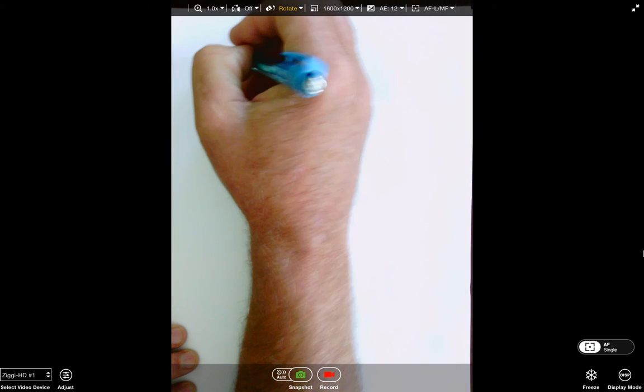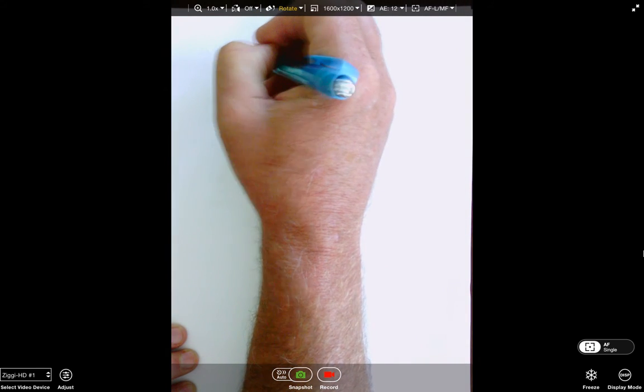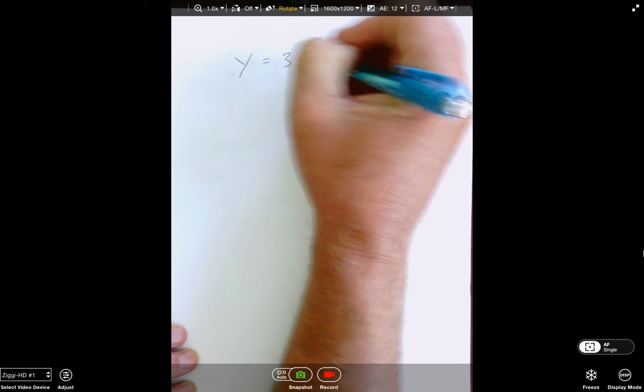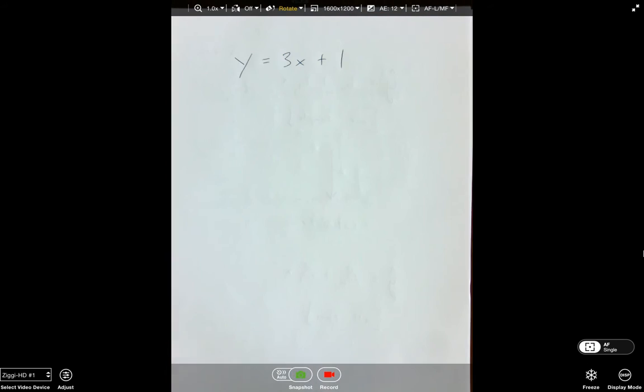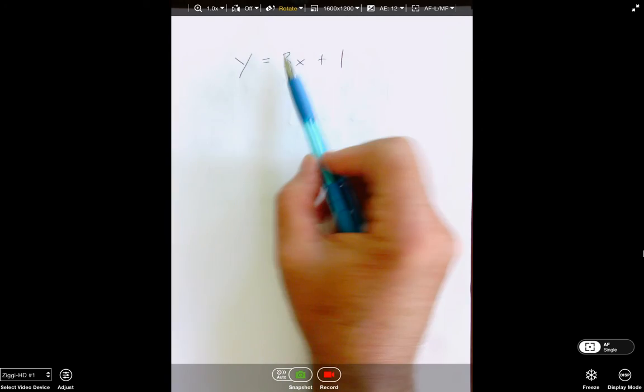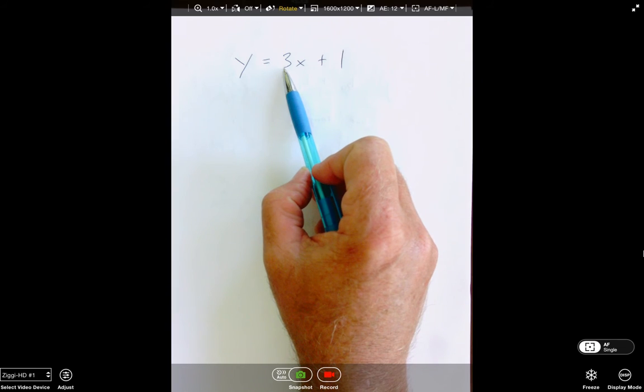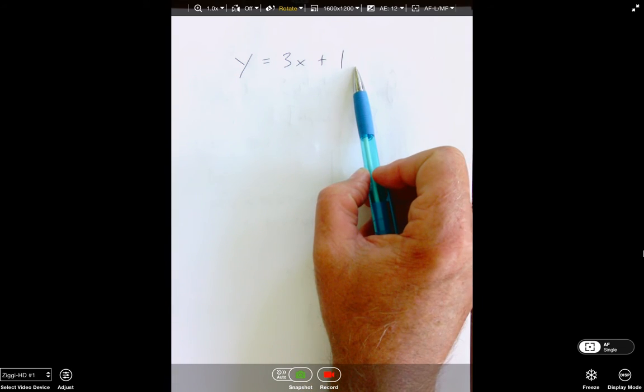Well, if you were taught really well, your professor, teacher, whatever it may have been, probably gave you some simple linear equation and told you that the slope is 3 and the intercept is 1.